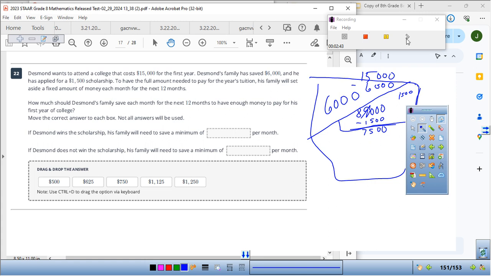So on that note, we're going to go 7,500 divided by 12, because we're going to save it for the next 12 months.